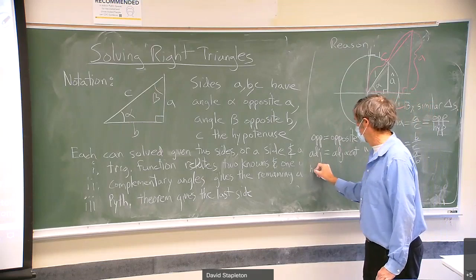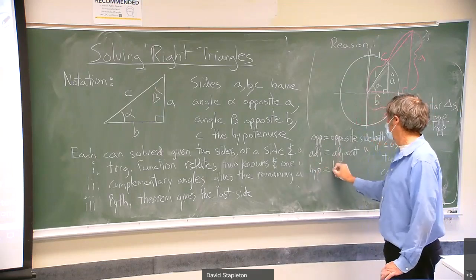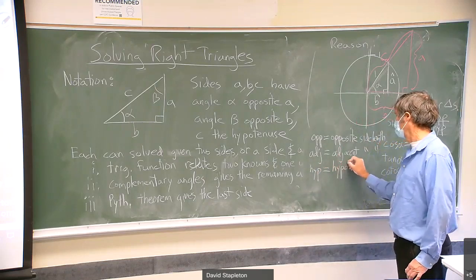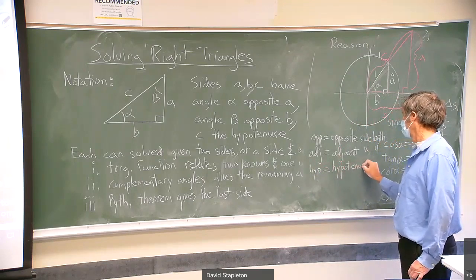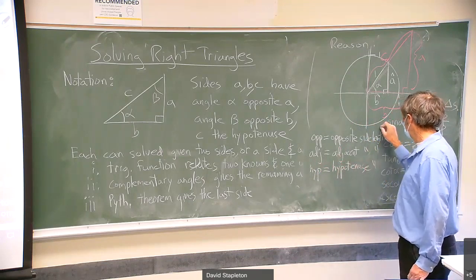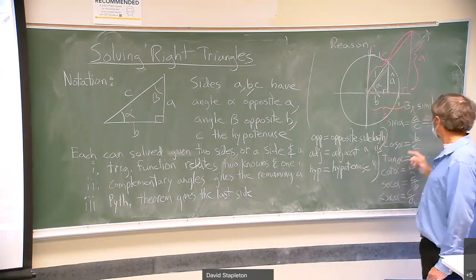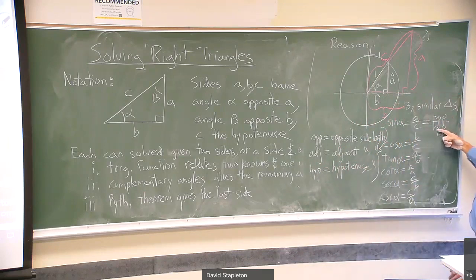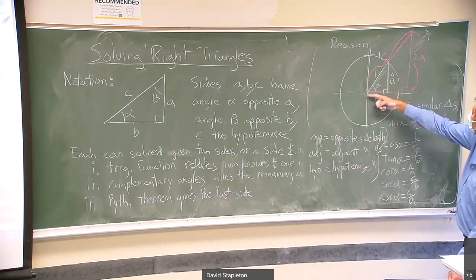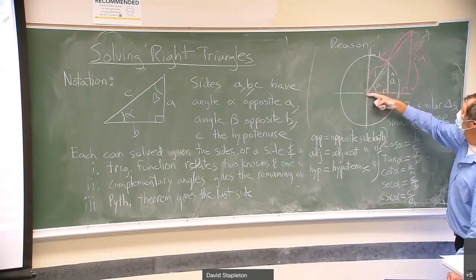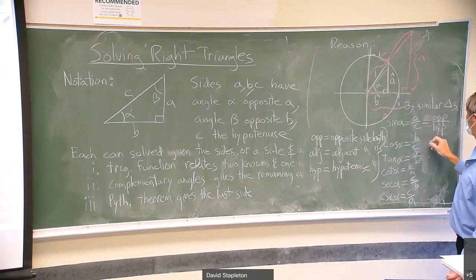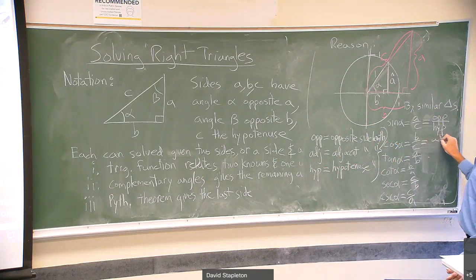And when I write HYP, that'll mean the hypotenuse length. Right? In all of these. So I can also write this as opposite over hypotenuse. And similarly, B over C. See, B over C is the length of the adjacent leg divided by the length of the hypotenuse. So I'll put adjacent over hypotenuse.